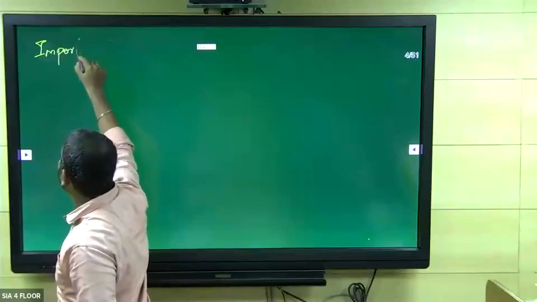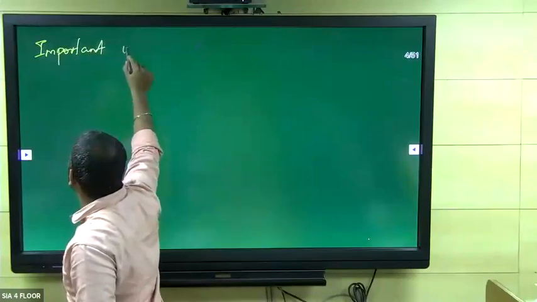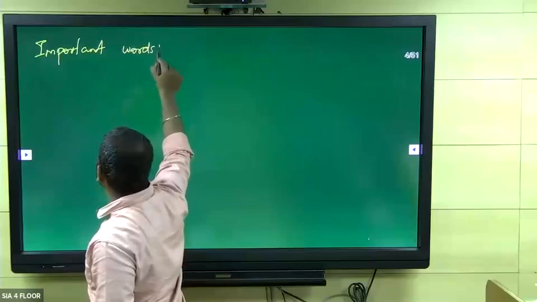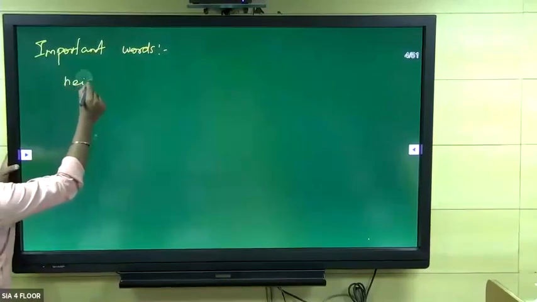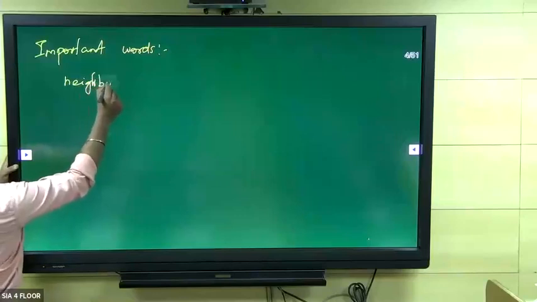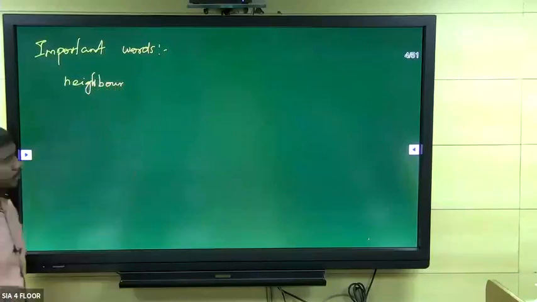Important words in seating arrangement. So what is the important word? One is neighbor.